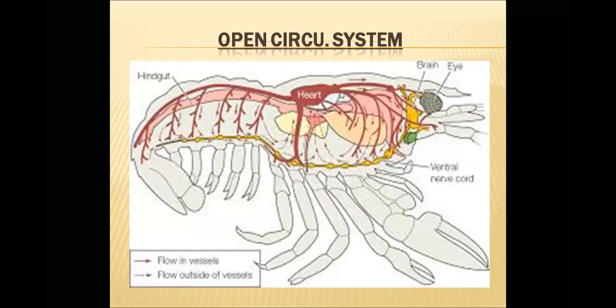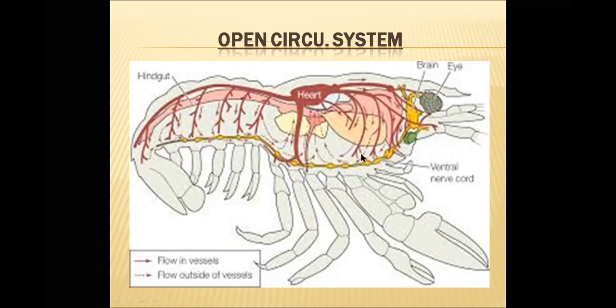But here in open circulatory system, the blood vessel that is pumping blood to various organs is ending abruptly or bluntly. In this diagram, you can see that this blood vessel is bringing blood from the heart and it is opening into the open space.